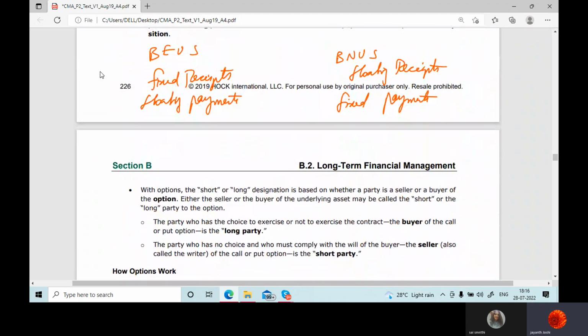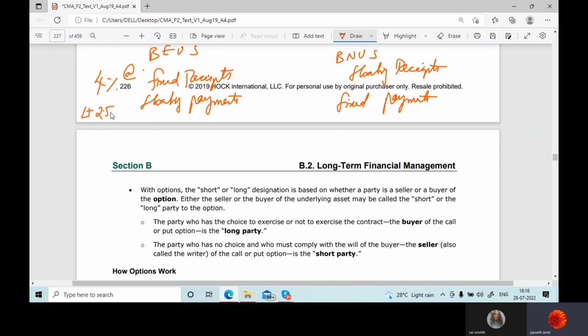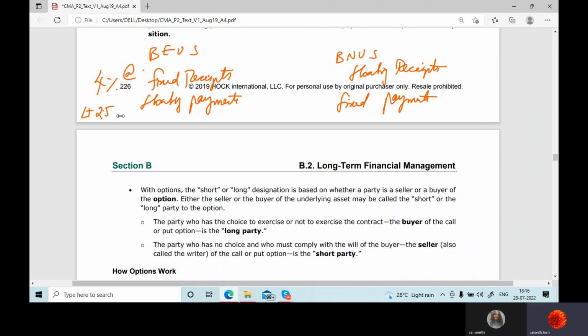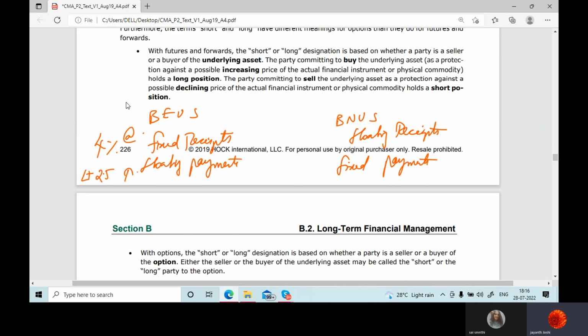So here the payments they are going to receive are at the rate of 4%, and floating payments, that means interest 2.5 LIBOR plus. So if this is going to increase further, it is not good for BEUS. They are worried. Am I right? Because that is going to increase the cost.